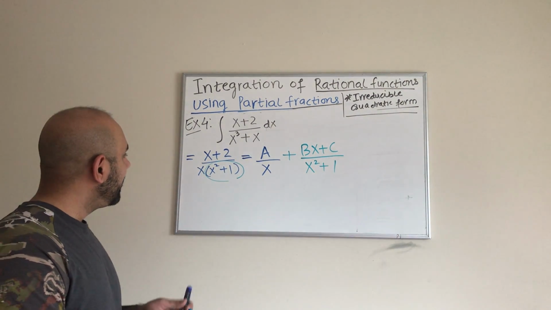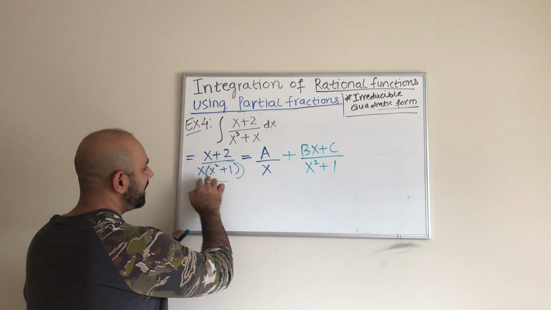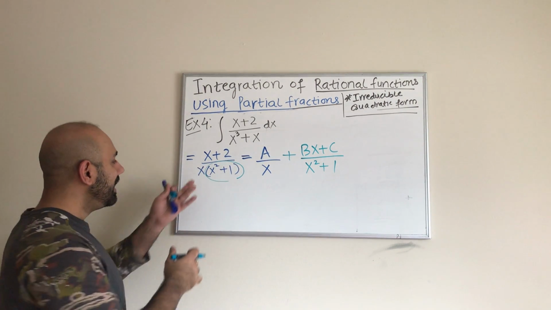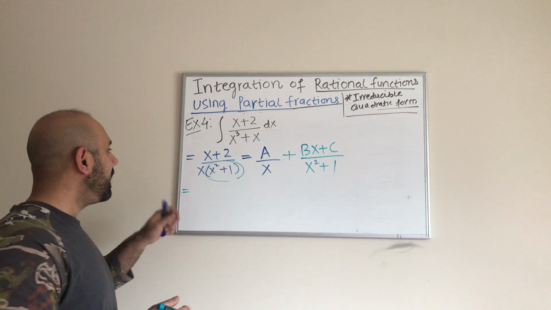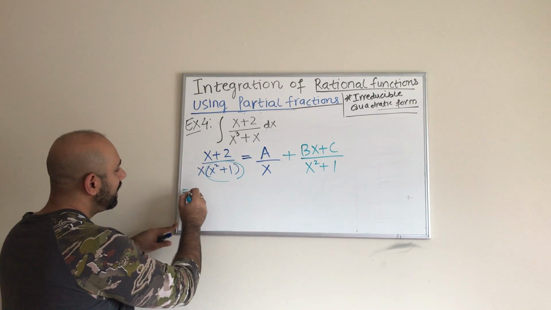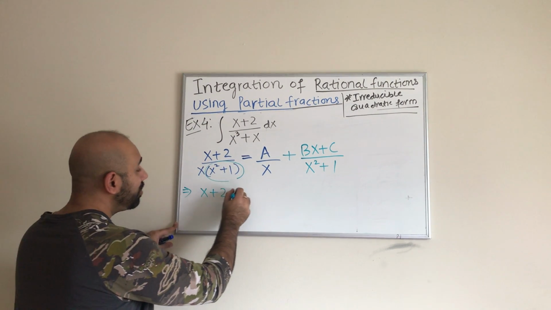That being said, guys, the next step is to get rid of the denominator, and that can easily be accomplished by multiplying both sides by this exact same term. So if I multiply the left hand side by that, this will cross out, and I will only be left with x plus 2 on the left hand side.